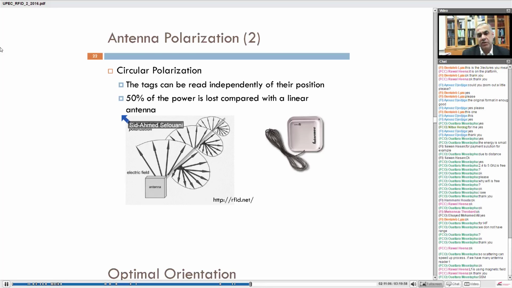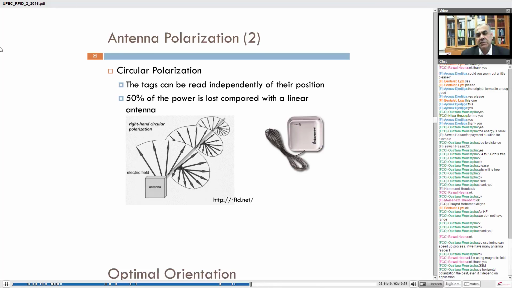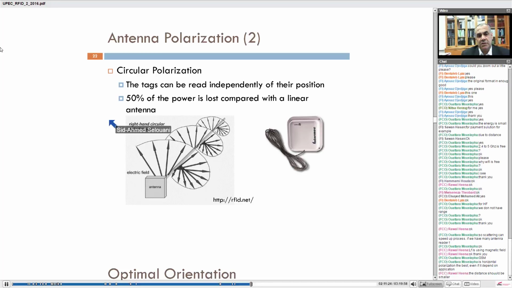If you want to ensure the reading and guarantee that you cannot miss any readings, use circular, because with circular you are sure that you will catch the tag, but the read range is smaller. The shape of the antenna here is like a square, but close to circular. This is why this antenna is circular.